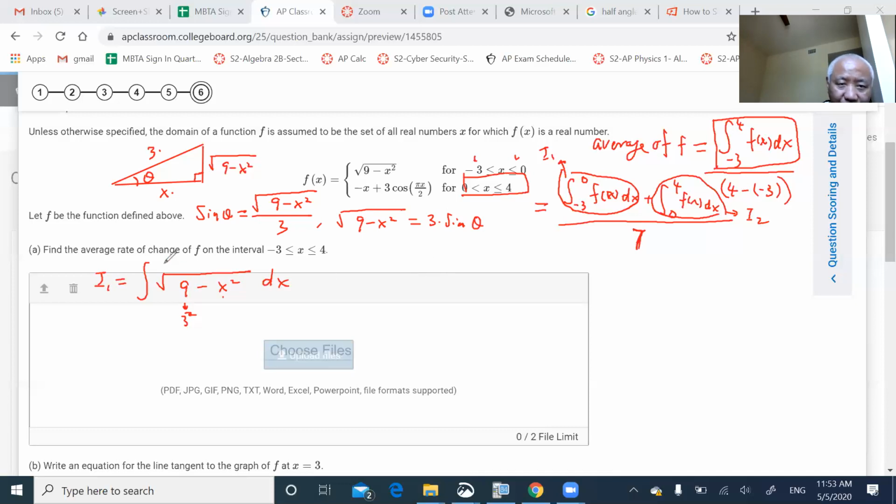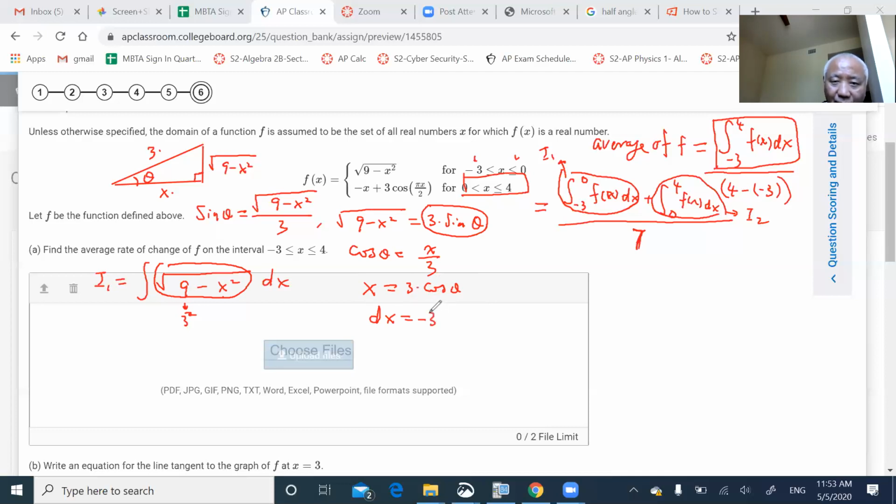So I'm going to substitute this part by this. And also from this triangle, we can see that cosine theta equals x over 3. So we can find that x equals 3 cosine theta.